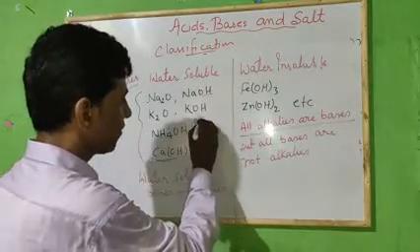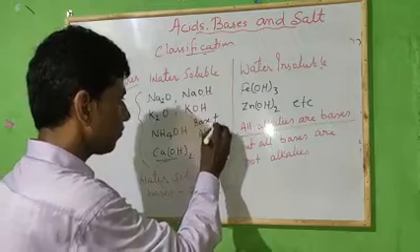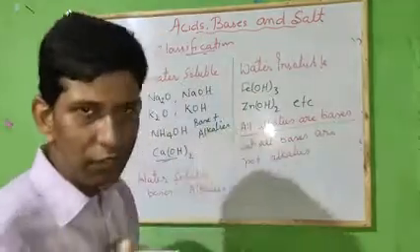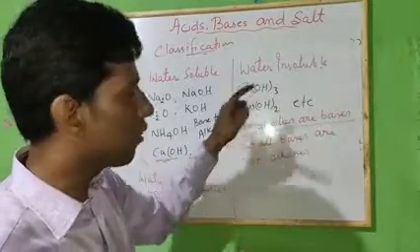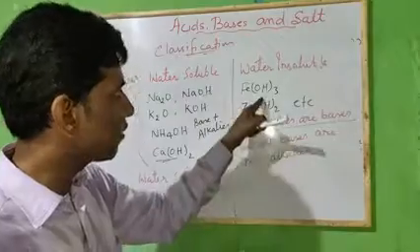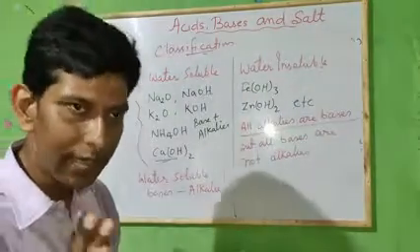So they are both base and alkali. But in this case, where the metallic hydroxide is not water soluble, they are only bases, not alkalis. Clear?